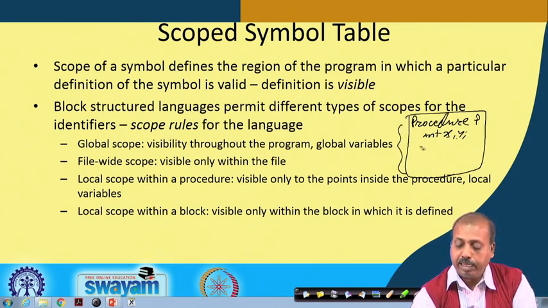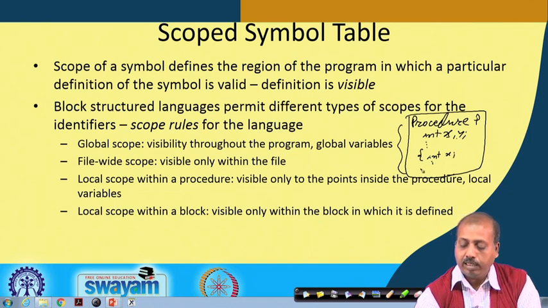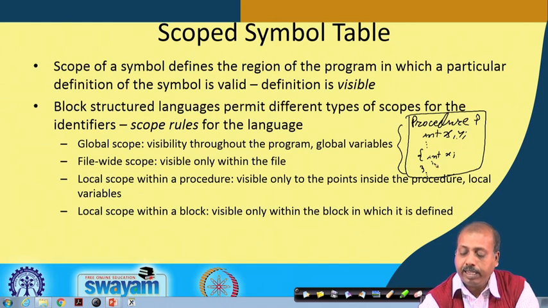However, it may so happen that there is a block here, and within this block another definition of x comes. Here, if I refer to x, then this x will talk about this x. This is not the local x for the procedure; this is local for the block.